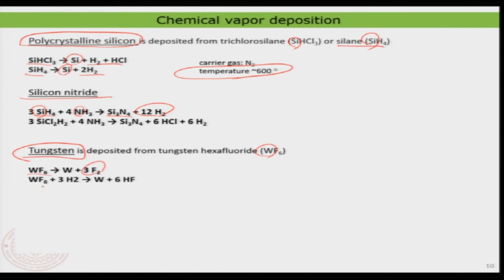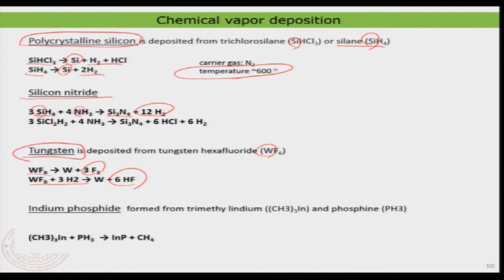You can also take another mixture where you do a little bit of chemistry. You take tungsten hexafluoride and hydrogen, mix them, and then you remove the byproduct as hydrogen fluoride. You can look at more examples.